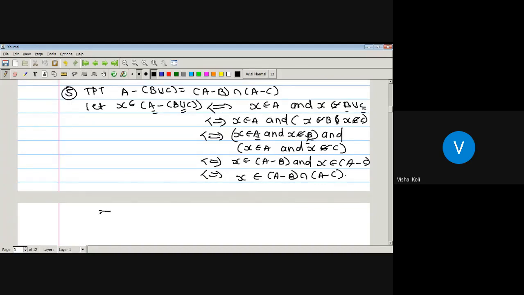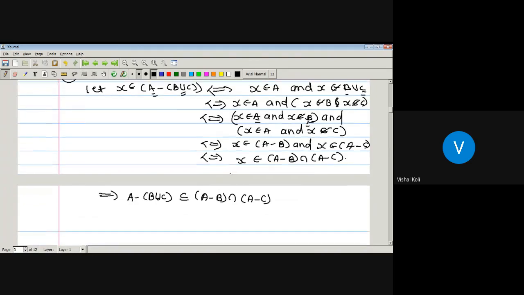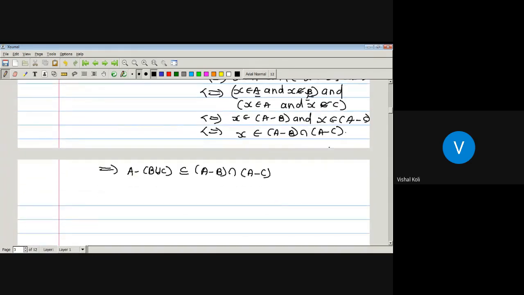Then by the definition of subsets, A minus (B union C) is a subset of (A minus B) intersection (A minus C). Okay, but this one is an if and only if statement. Therefore, as X belongs to (A minus B) intersection (A minus C), then it is a member of A minus (B union C), which implies (A minus B) intersection (A minus C) is also a subset of A minus (B union C).